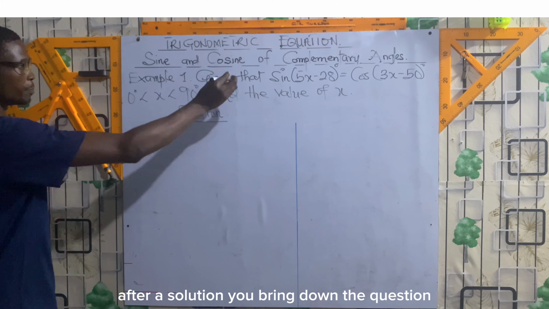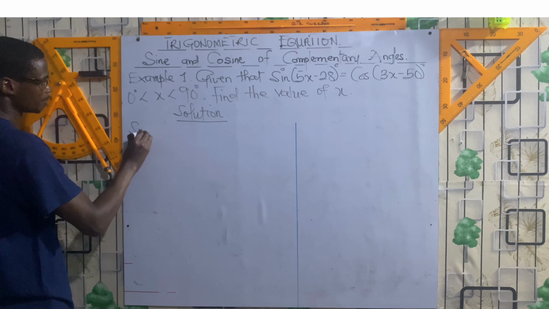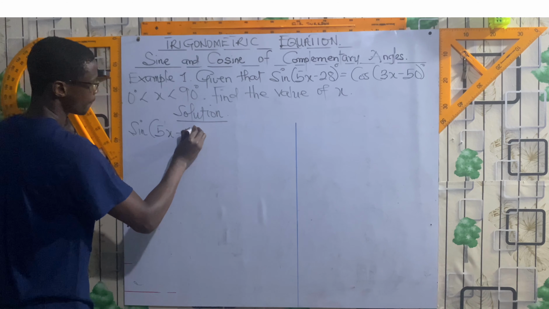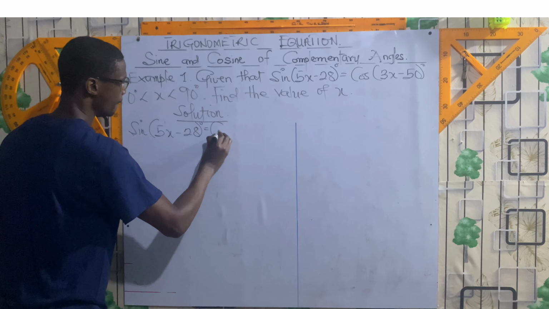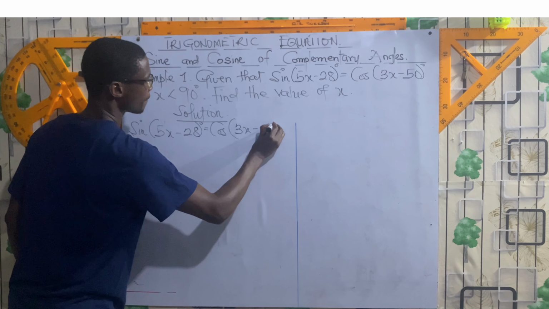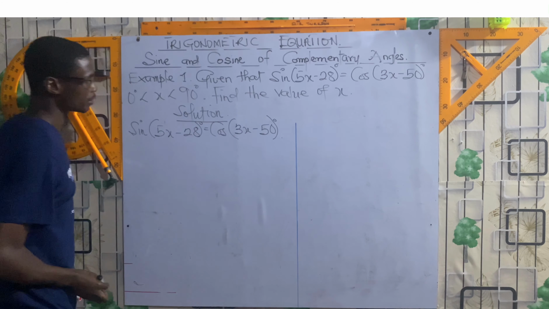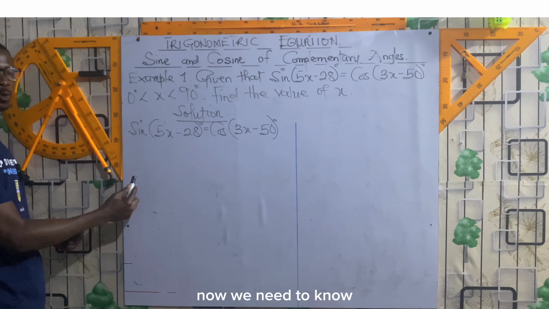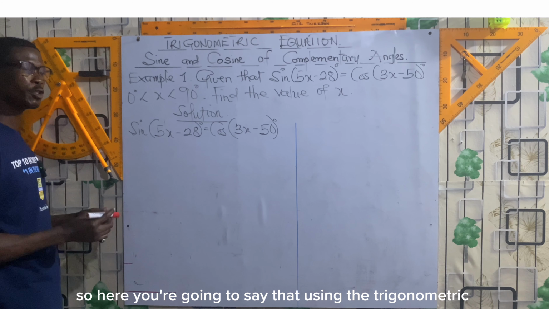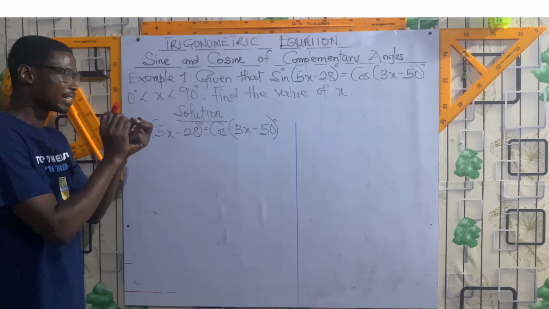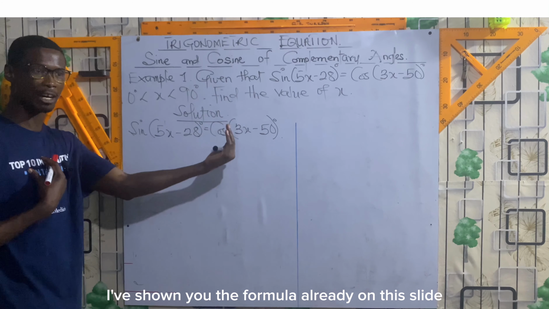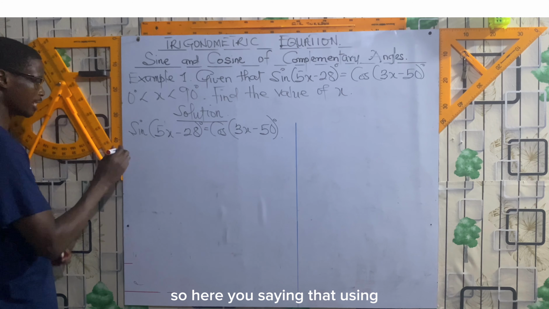After your solution, you bring down the equation. Now we need to know the identity that we are going to use to solve this. Using the trigonometric identity, I'll use either sine or cos. I've shown you the formula already on the slide.